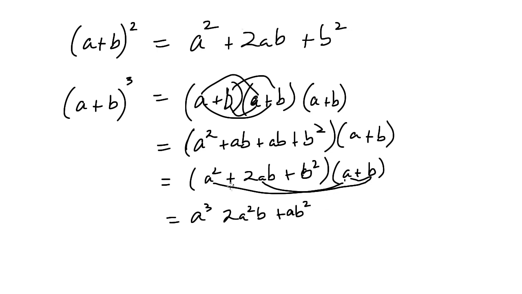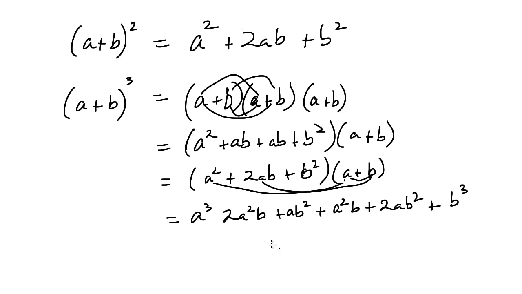And then if I was to multiply a squared times by b, it would be a squared times by b plus 2ab times by b, which would give 2ab squared, plus b squared times by b, which would give b cubed.